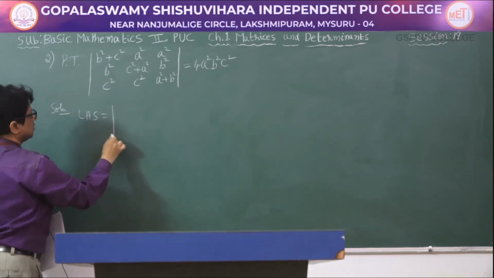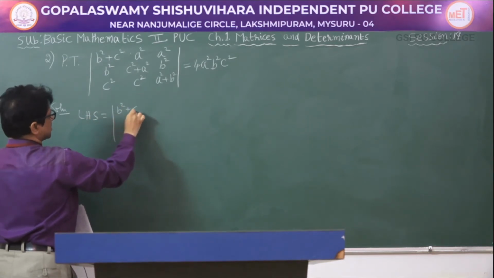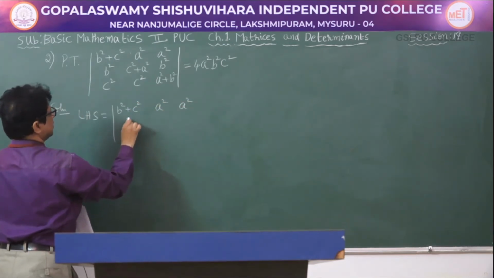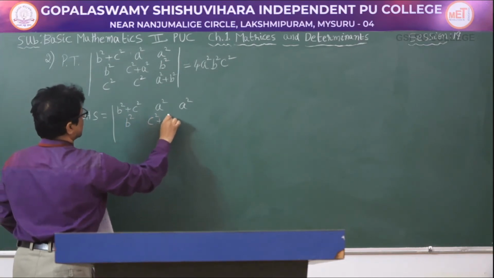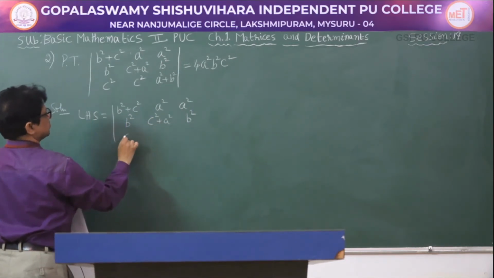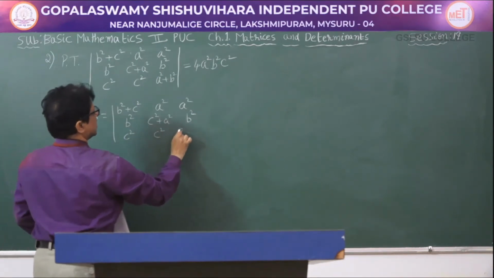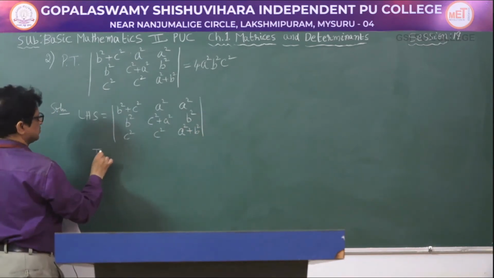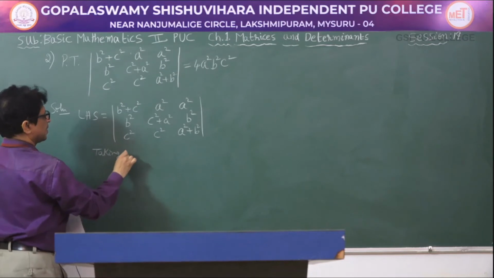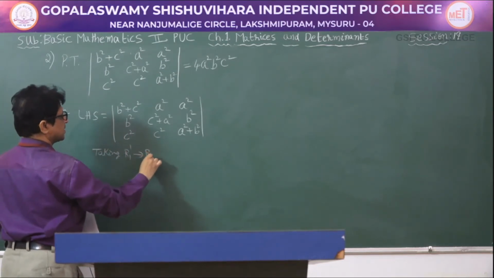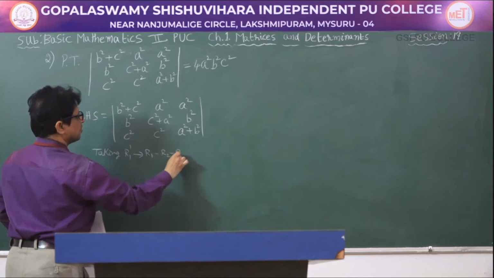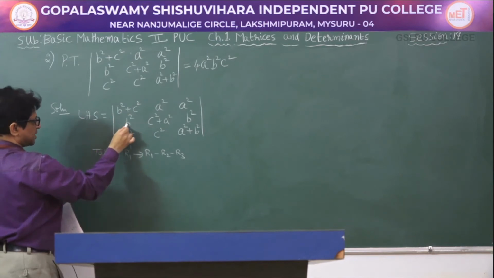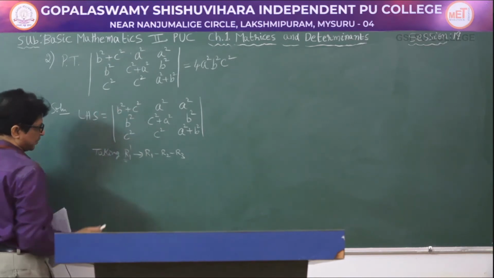So LHS is equal to determinant of B square plus C square, A square, A square, B square, C square plus A square, B square, C square, C square, A square plus B square. R1 dash as R1 minus R2 minus R3, because if you use this operation, see B square plus C square minus B square minus C square, this term becomes 0.